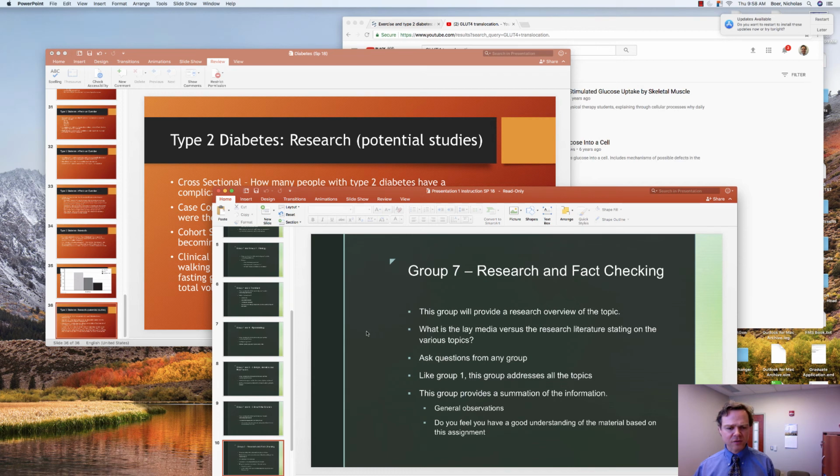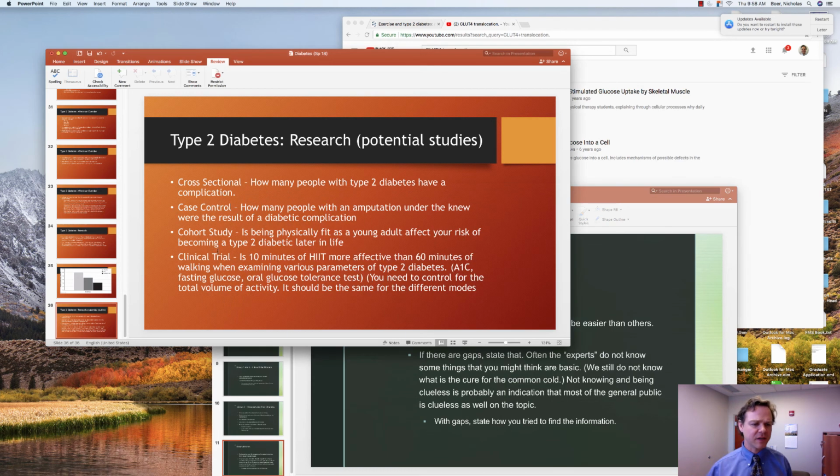So this is the last group, the fact-checking and finding information. I put together, and I want you guys to do this as well, to show, okay, how would we use a cross-sectional study to relate it to type 2 diabetes? How would we use a case control study associated with type 2 diabetes? So in this, I mentioned something that's moderately rare is an amputation.